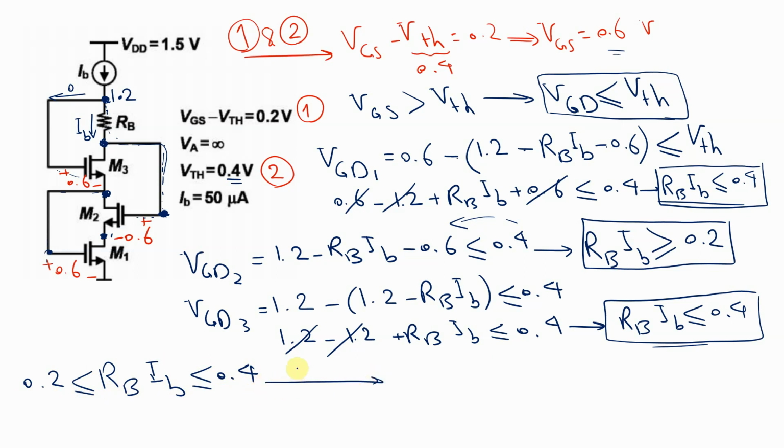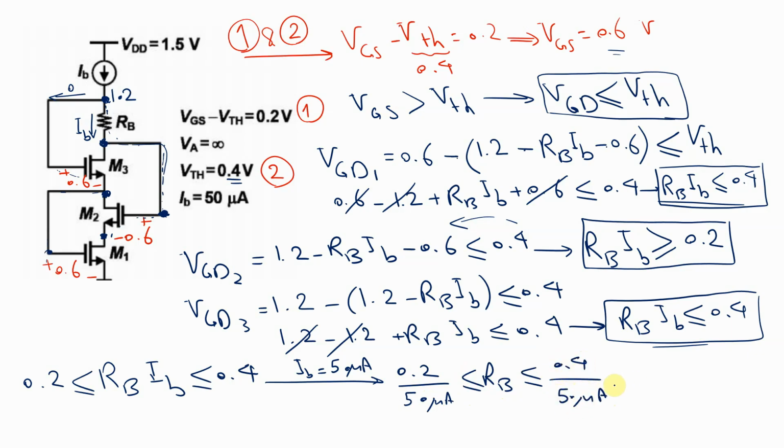And with IAB equal to 50 microampere, I can divide by IAB to simplify this: 0.2 divided by 50 microampere is less than or equal to RAB, less than or equal to 0.4 divided by 50 microampere.